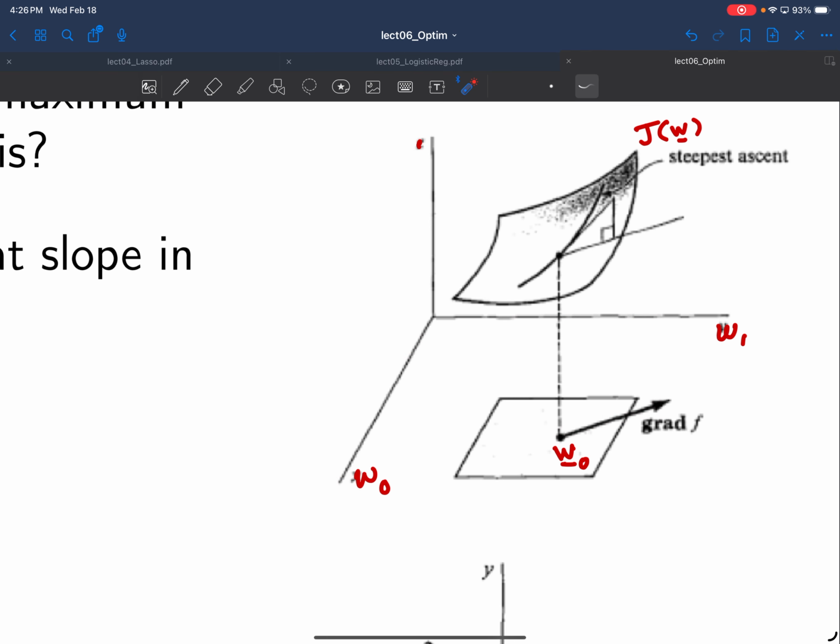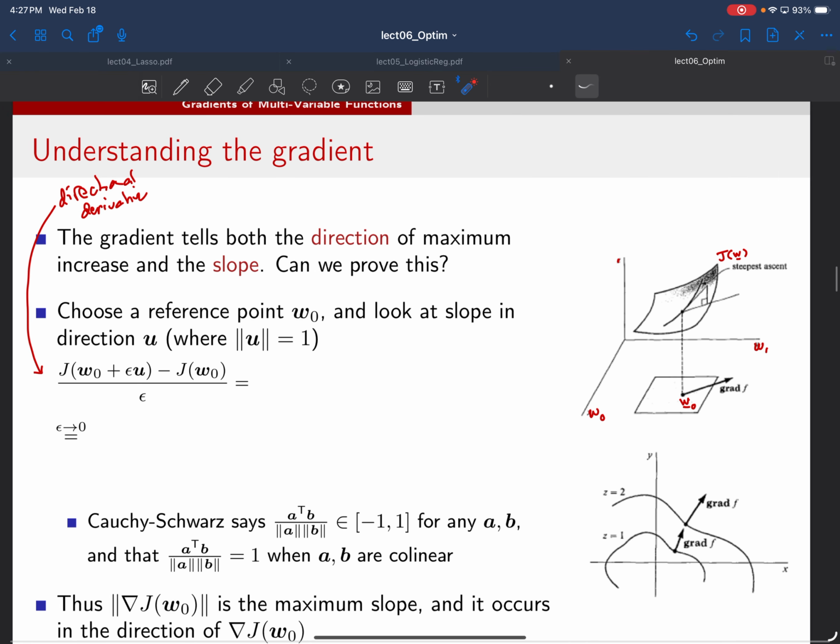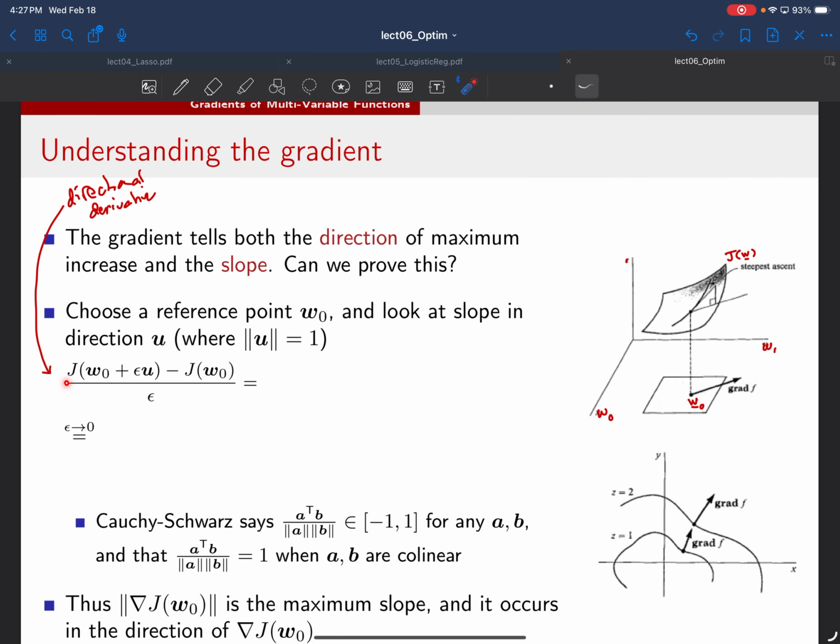The directional derivative tells me, if I'm traveling on this surface and looking in this direction at that point, what is the slope in that direction at that point? So that's the slope, which is going to be the rise over the run. And here you can see we have the rise over the run.